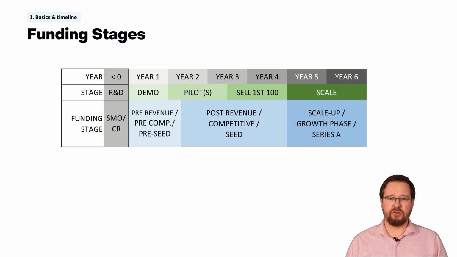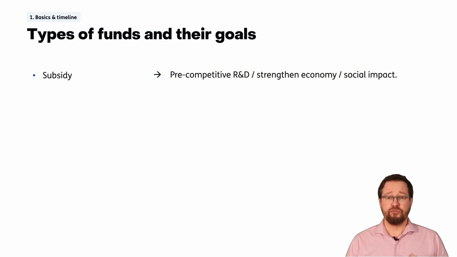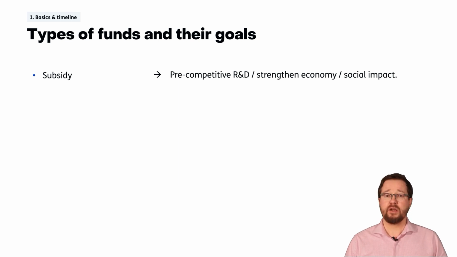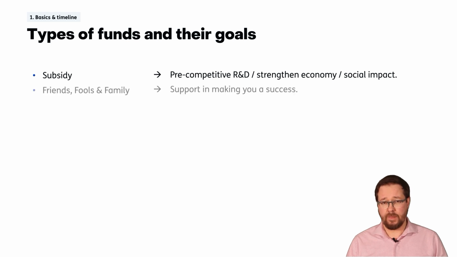If you're aware of the funding stages you will go through, you can start thinking of the different types of investors that belong to your funding stage. First and foremost, when you're still in your pre-competitive phase, that is, you haven't sold anything yet, subsidies are your friend. These funds are also called non-dilutive funds, as they don't cost you any shares to obtain.